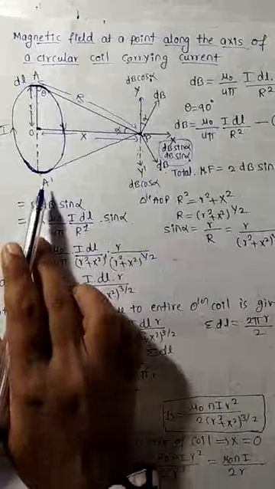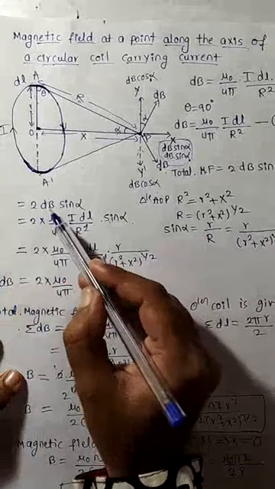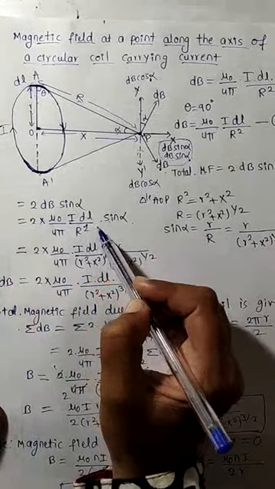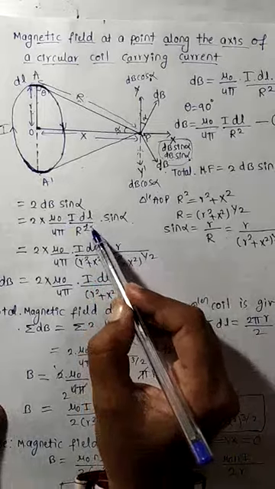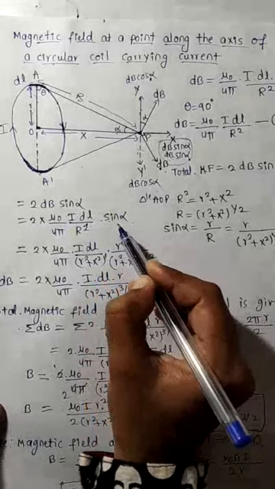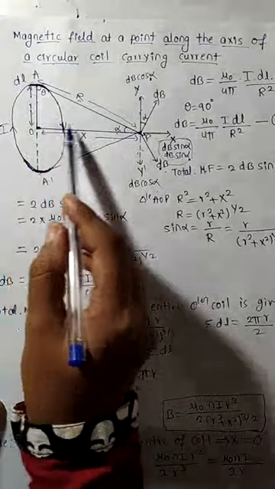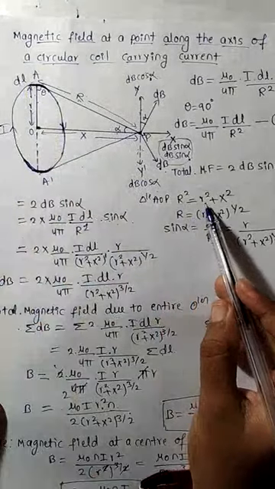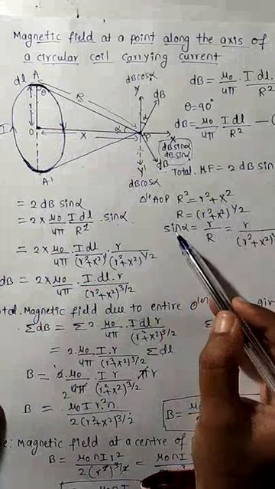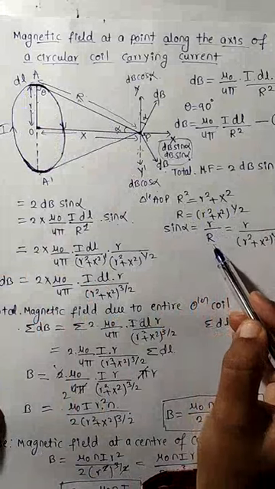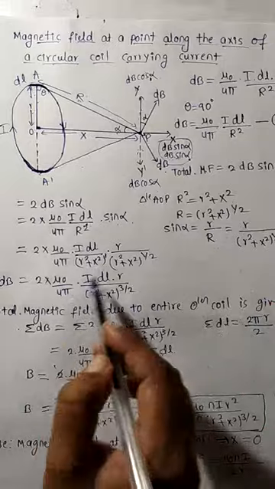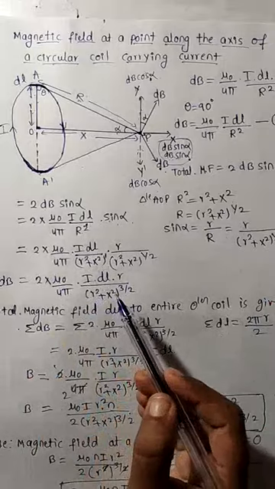Now that equation I took, and there I substituted the value of dB. So that equation we got, and here we should find the r square value and the sin alpha value from this diagram. So from this, as it is a right angle triangle, capital R square is equal to r square plus x square, and sin alpha is equal to r divided by capital R. So substituting these two, you got the dB value.